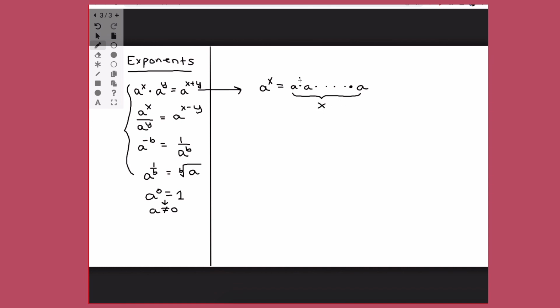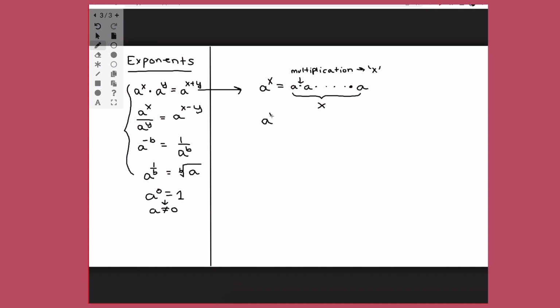And this dot is just multiplication, but I think you guys know that. In general, we'll use the dot instead of x so we don't get confused with the variable x. Okay? So we know that a times a times a, x times, is equal to a to the power x.